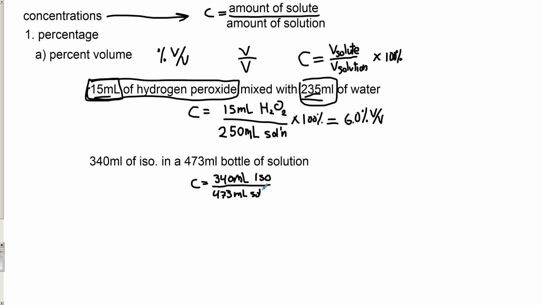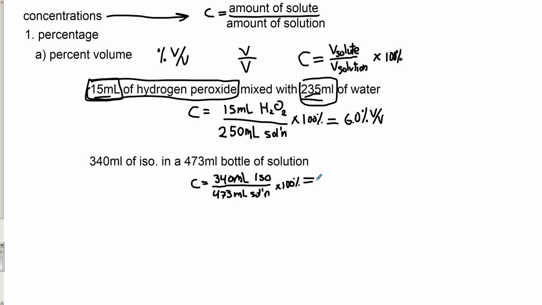Then we multiply by 100, and we get our answer. I've got my calculator with me. 340 divided by 473 times 100 is 71.8. Nope, 71.9%. And that's going to be, again, in volume over volume.